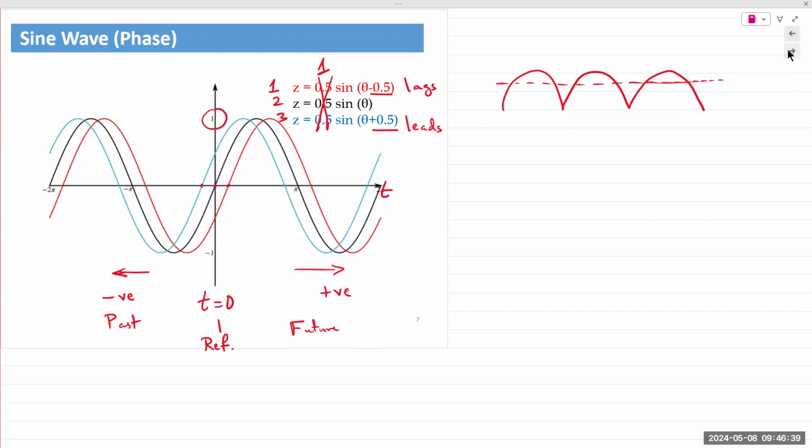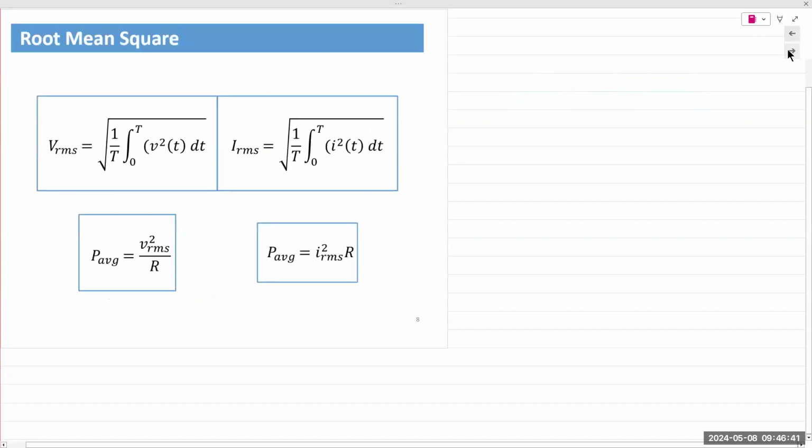So they came up with a term known as root mean square. Mean, of course, is another word for average. It literally means that value is the square root of the average of the square of that waveform. And we are talking about the y-axis value, never the time.